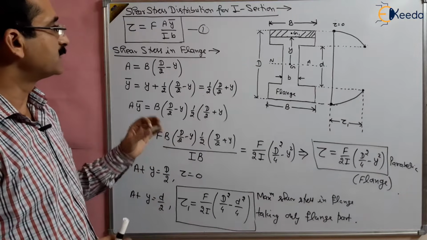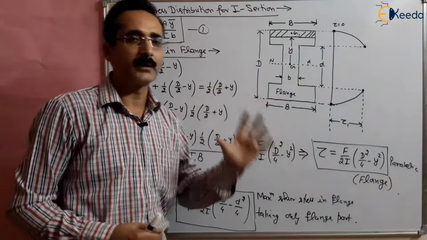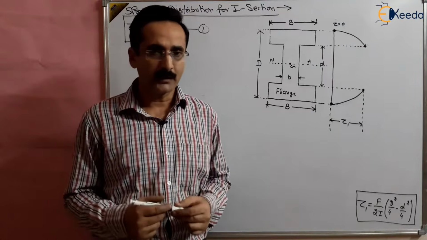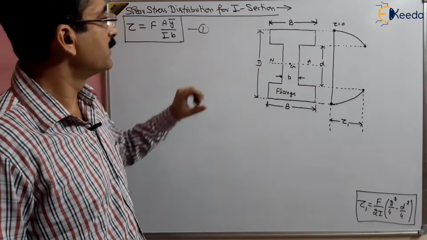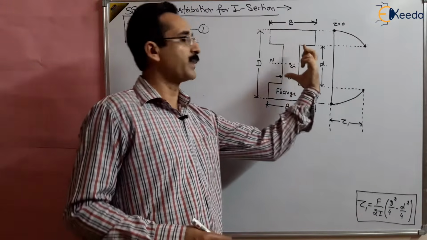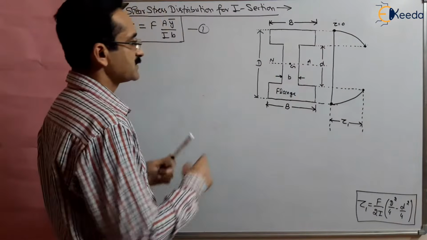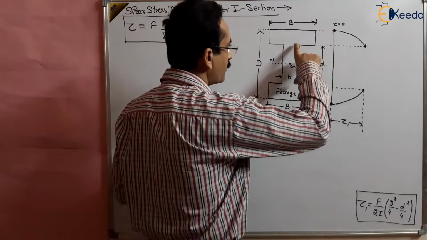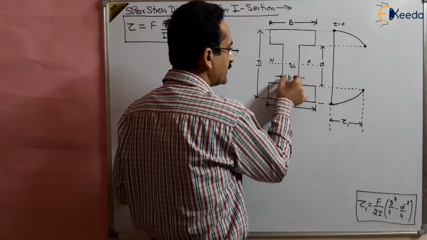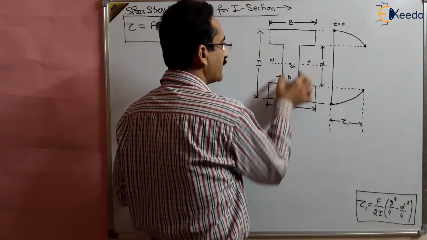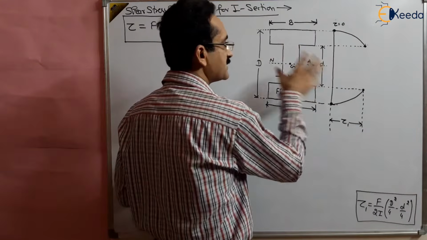Now we will study the shear stress distribution in the web part of the I section. In continuation, we want to find out the shear stress distribution in the web part. We have already found the shear stress in the flange. Now we want to find out, for this small width B, the web part of this I section, what is the shear stress distribution?